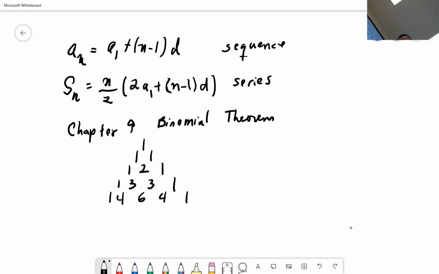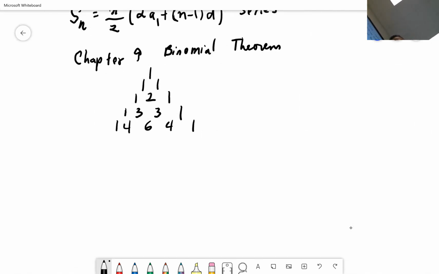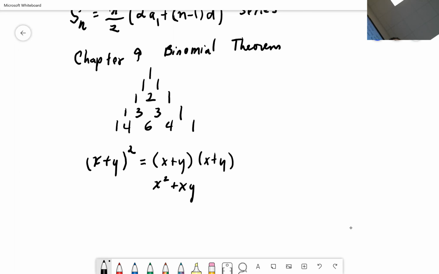And what's important about this triangle is, let's say we have x plus y to the second, and you were to expand this. So you have x times x, x squared, x times y is xy, y times x is xy, y times y is y squared. Everybody understand how I did that?